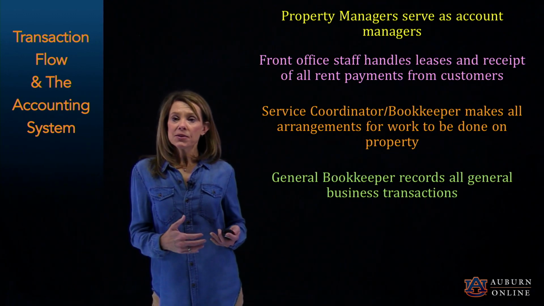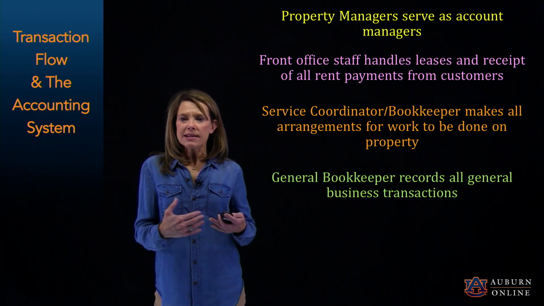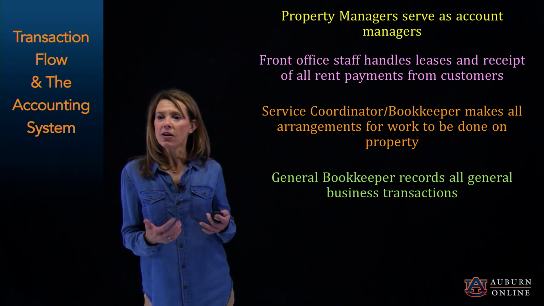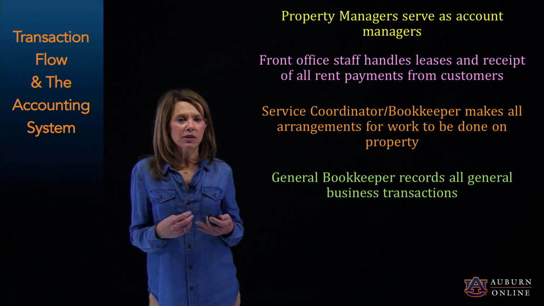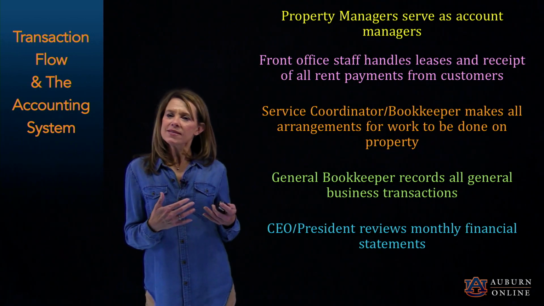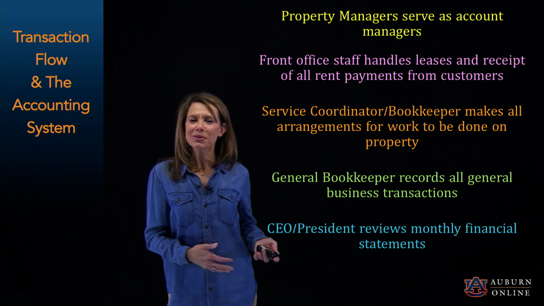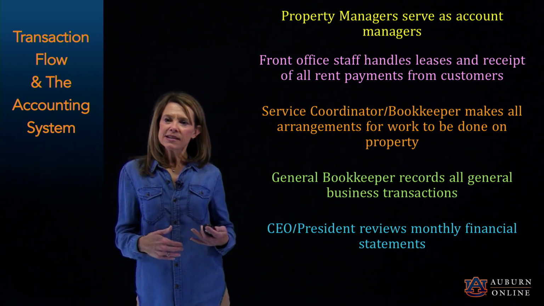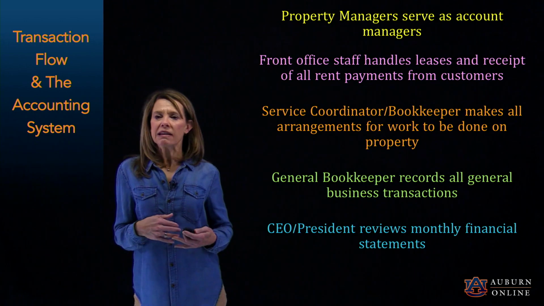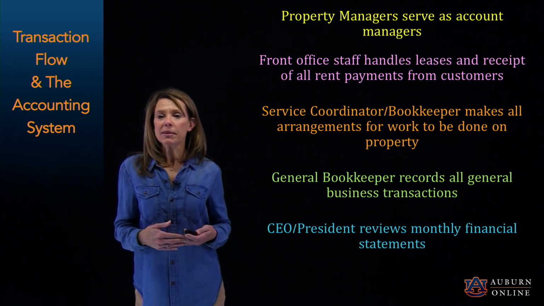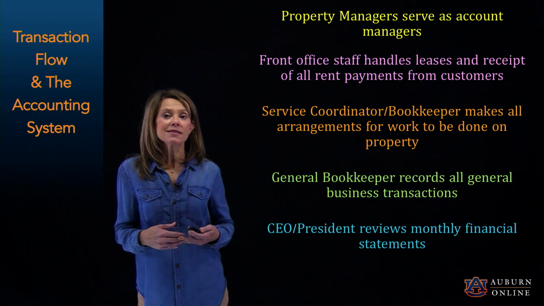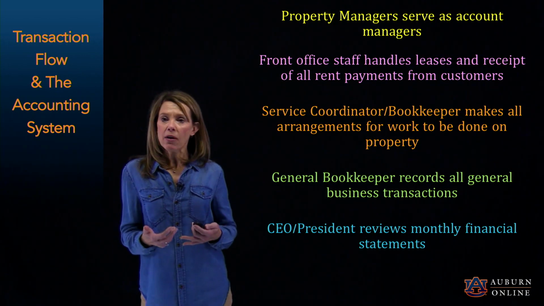The regular bookkeeper, so our general business bookkeeper, that's the bookkeeper that's handling every other transaction. So this is the person who's paying all the bills. They are essentially holding the purse strings for the entire company. And then we have the CEO or president slash owner who is the one that's kind of sitting back and evaluating things as they happen. So this president would be getting financial reports that are coming from that general bookkeeper, and then also looking at bank statements and reviewing those to determine how the company is doing.